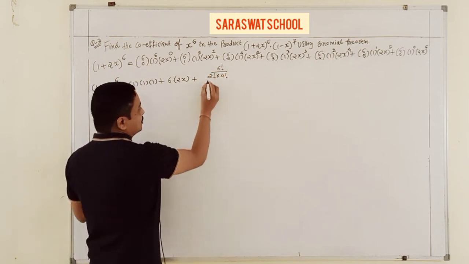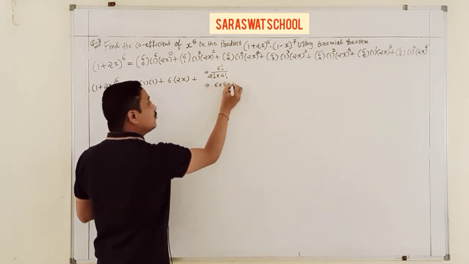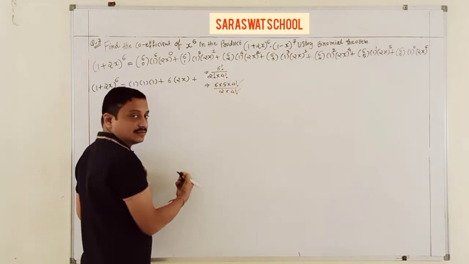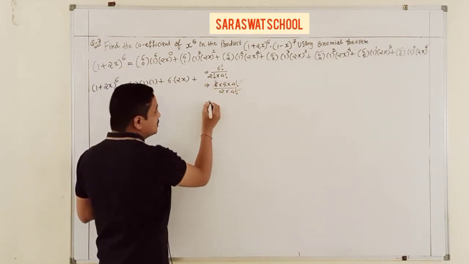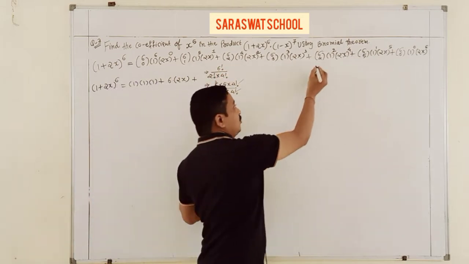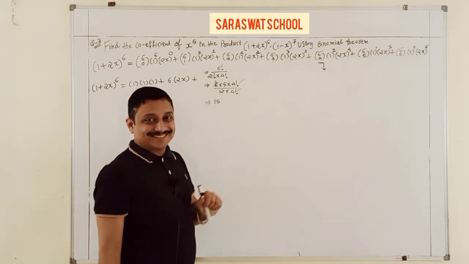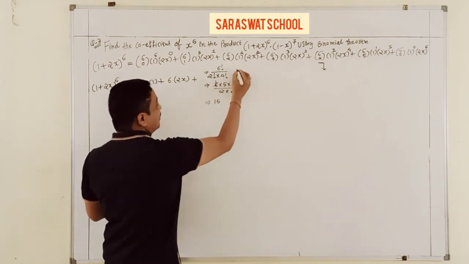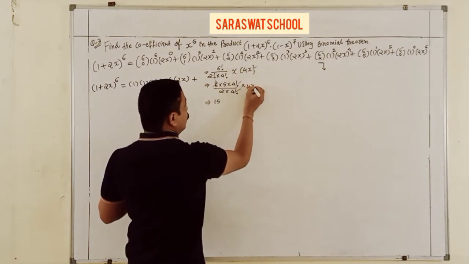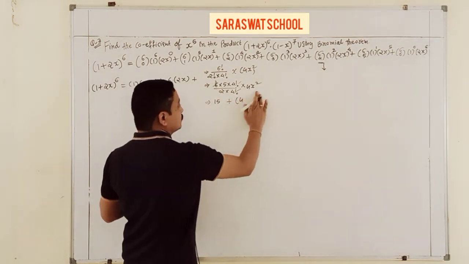Further calculation: 6, 5, 4 stop, and 4 factorial cancels, 2 3s are 6, so it is 15. It means 6C2 and 6C4 are both the same, 15. So here 15 times 4x square, it means here 60x square. Correct?